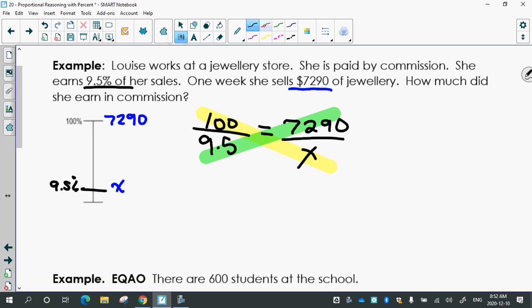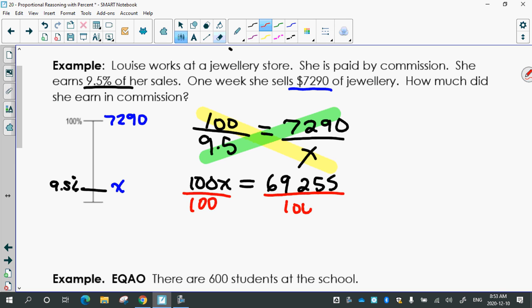So you get 100X, find your X and multiply, equals 9.5 times 7290, 69,255. And you get X equal to, we have to round here. Oh, it's money, so that's okay. Dollars and cents, $692.55.